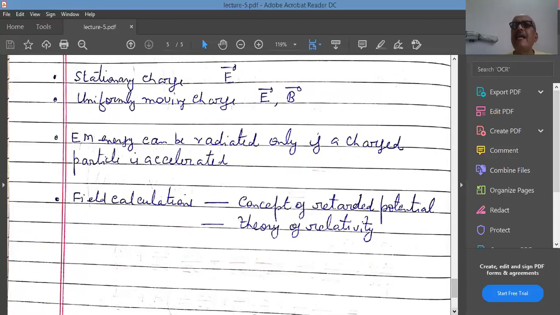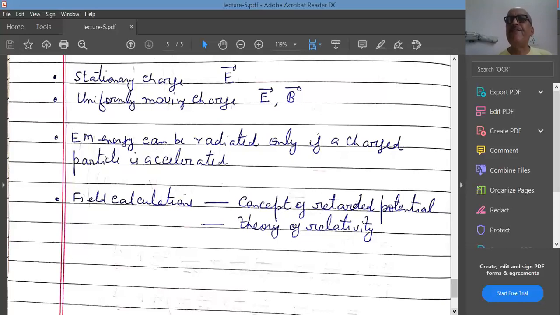So r over c is the time taken by the electromagnetic signal to reach the observer, and in the meantime the charge will move to a new location. So these things are very important. You have to understand them conceptually, and then you will see in the coming lecture that the mathematics becomes slightly difficult, because we will have to solve these two equations. So please go through the two equations.